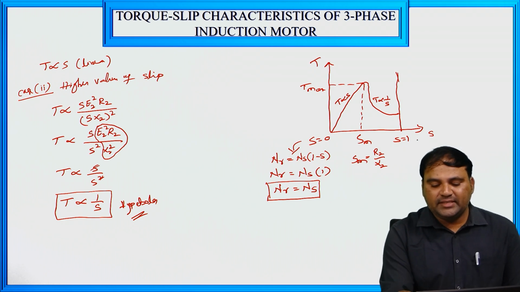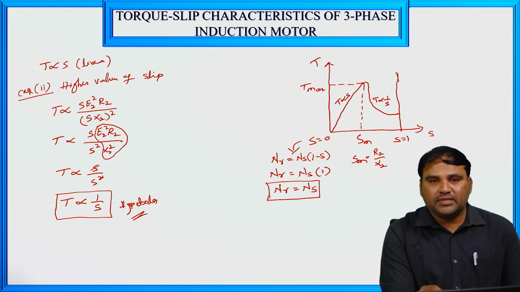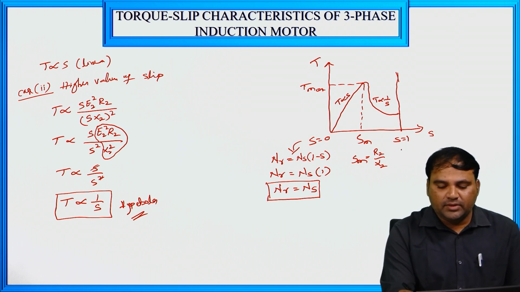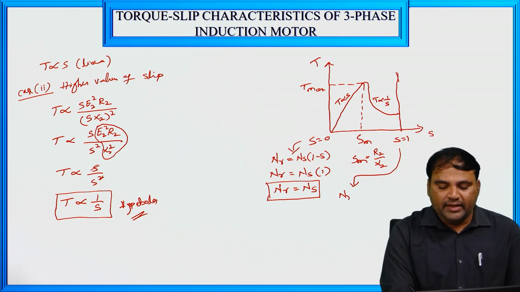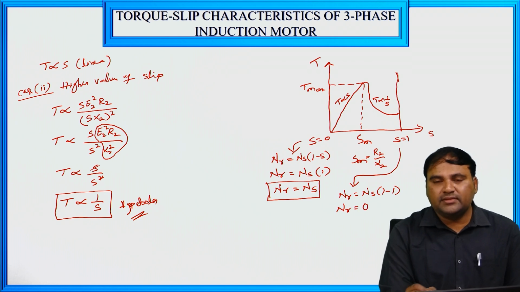Suppose S is equal to 1, what about the rotor speed? Here slip values are between 0 and 1 only.